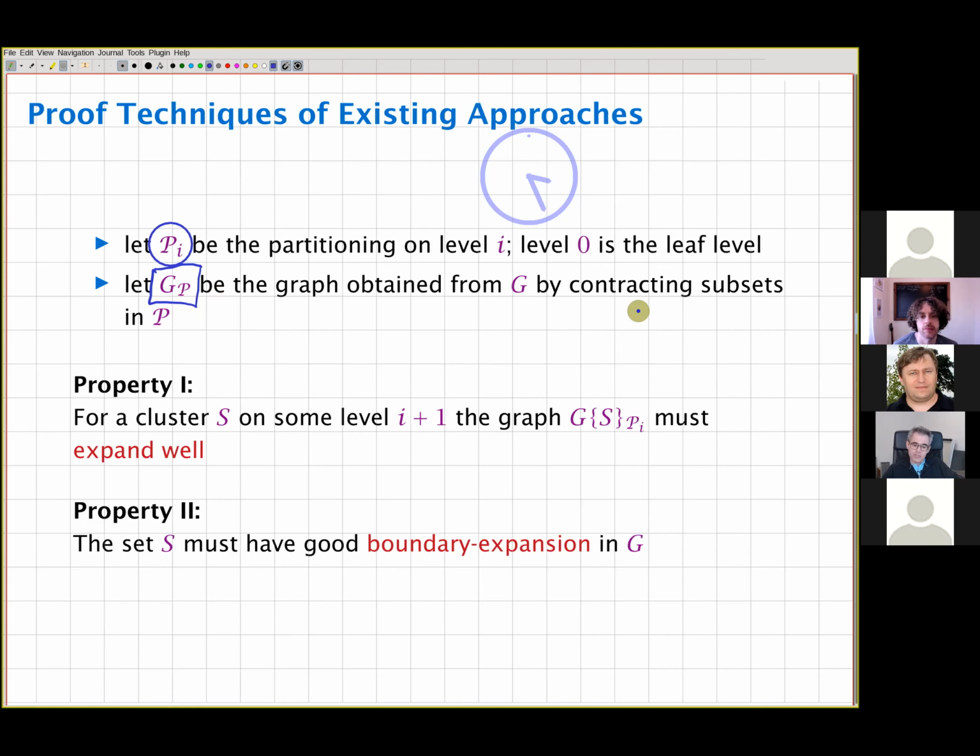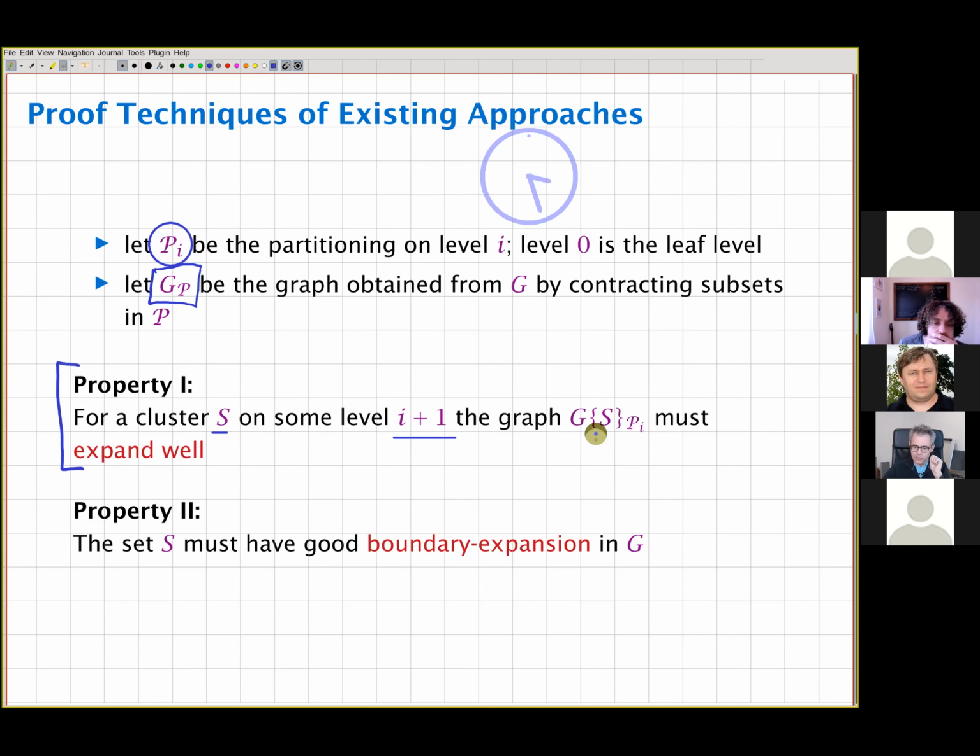And now I want to have the following two properties. First of all, suppose that I have a cluster S on some level i+1. So basically in my tree, this is a subset on level i+1. And now I will formally explain this in notation in a moment.